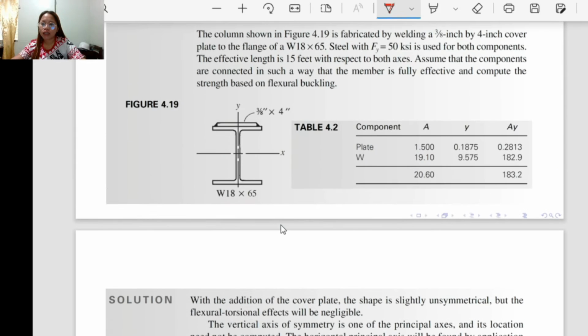So, for the vertical axis of symmetry, we actually do not need to compute it, because if you look at this member or this cross-section, the centroid in the vertical axis of symmetry is just half. It is not off-center because this is symmetrical.